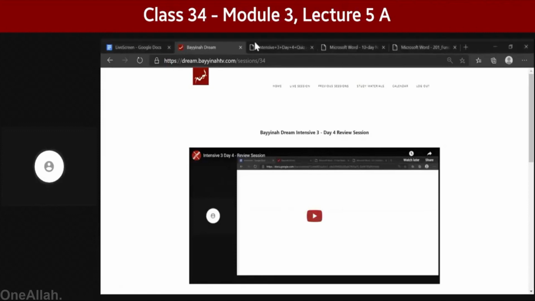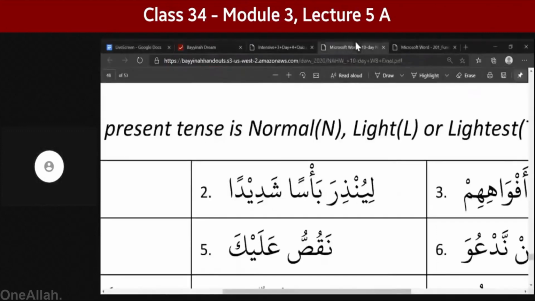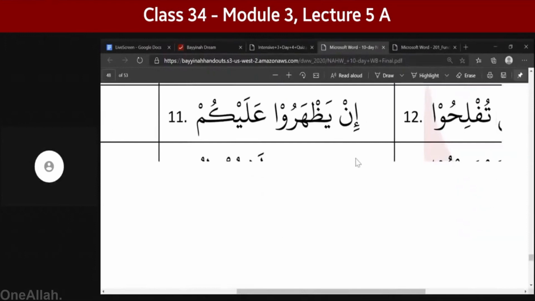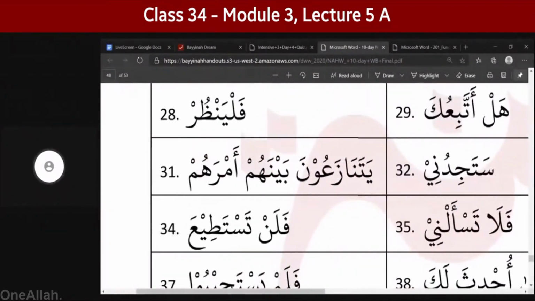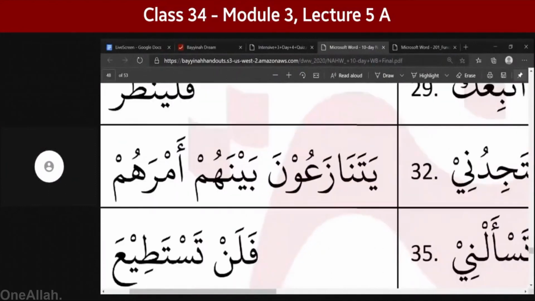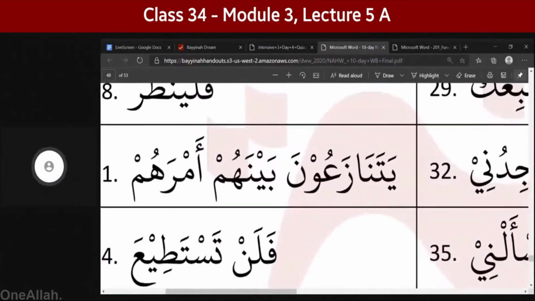31 on page 48. Okay. 31. Bainahum is idafa, we can ignore it. Amrahum is idafa, we can ignore it. We're only looking at the first word, yatanaza'una. We know that ya plus una is a fi'l combination, right?